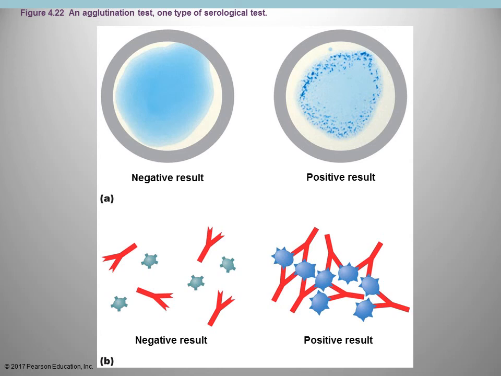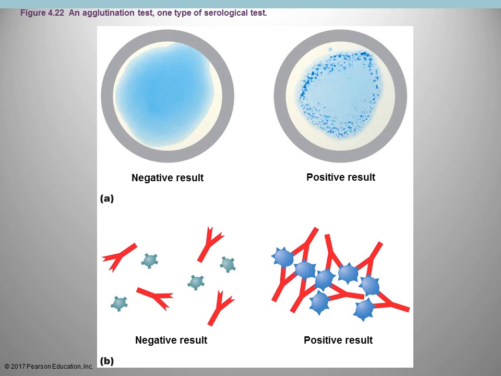This is showing a type of serological test where you have the antibody is going to bind with the antigen, and if there's no binding, then you don't see anything. A positive result is when there's clumping, because the antibody, if the antigen is there, then it will clump together, and you will see that fairly easily.